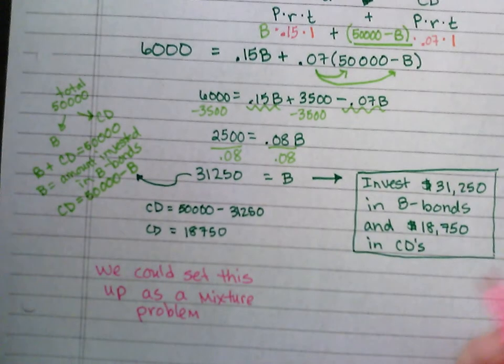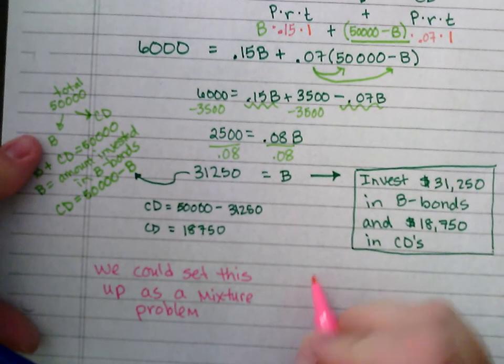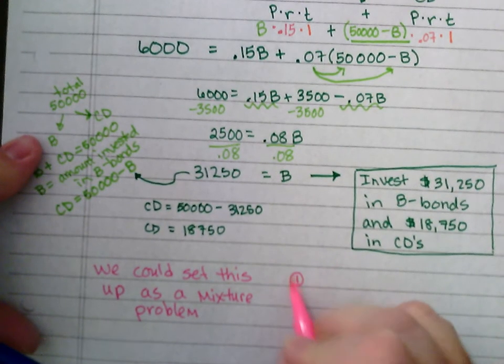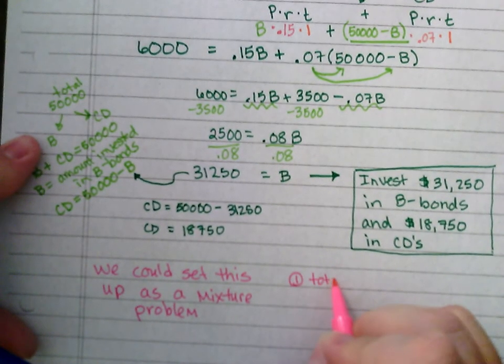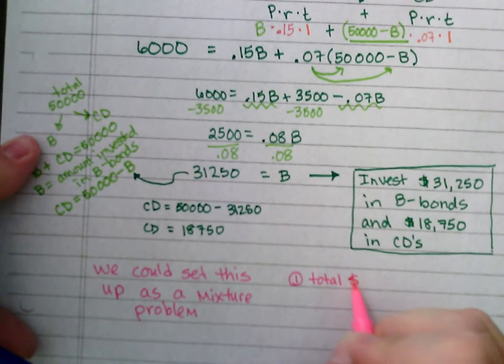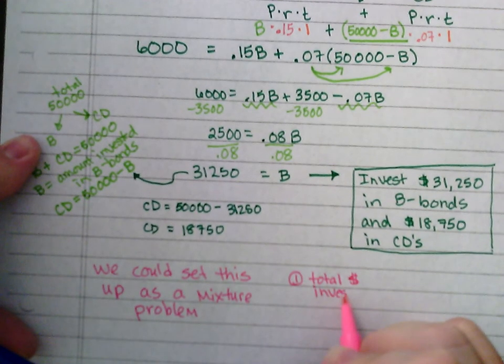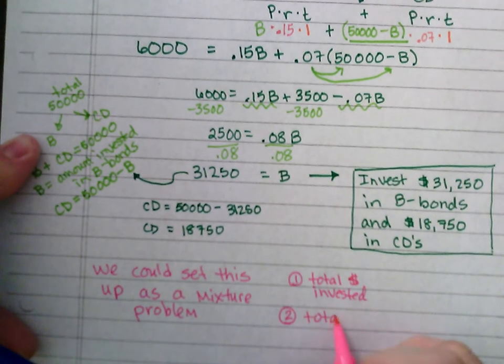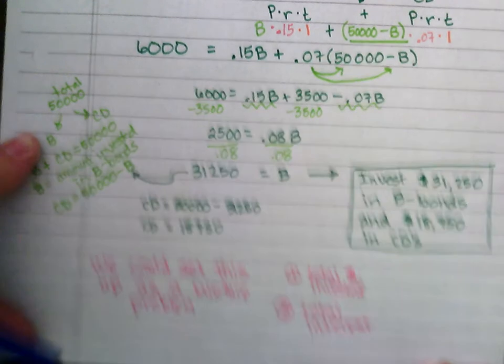And when we do that, we're going to have one equation that will be total money invested, and the other equation will be total interest, whether it's earned or paid.